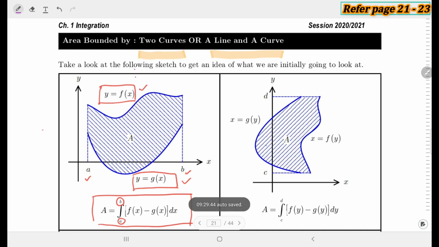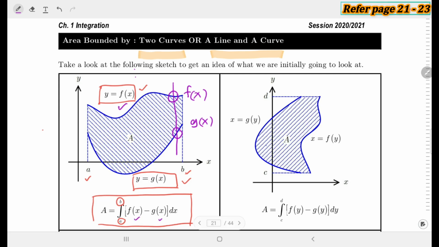So when I draw a line here, we can see that f(x) is above g(x). So f(x) is the upper function and g(x) is the lower function. The upper function subtracts the lower function: f(x) minus g(x).